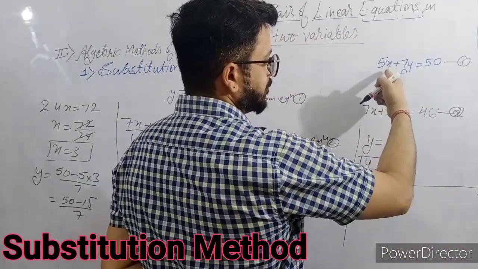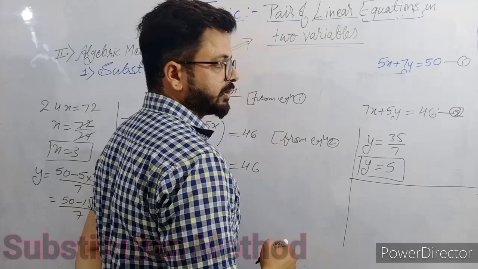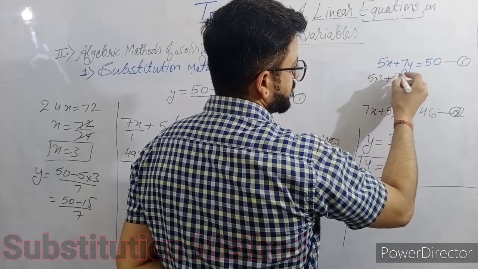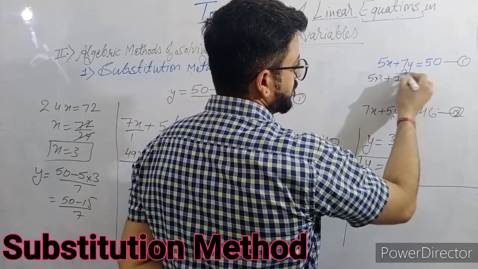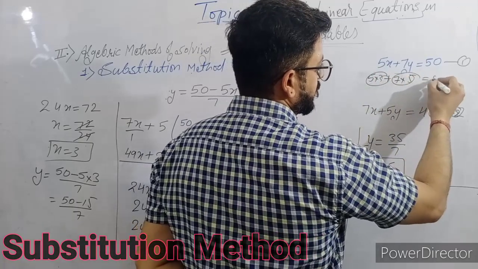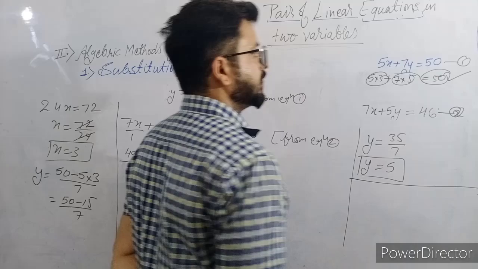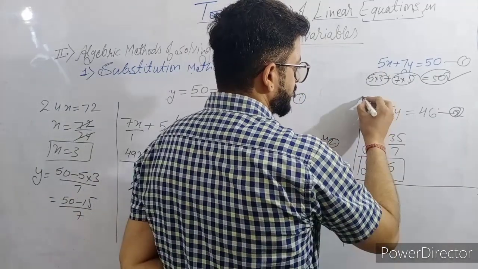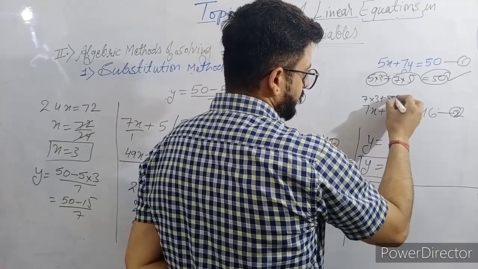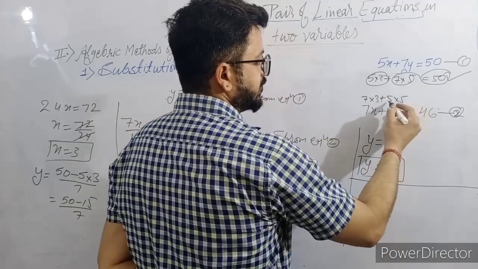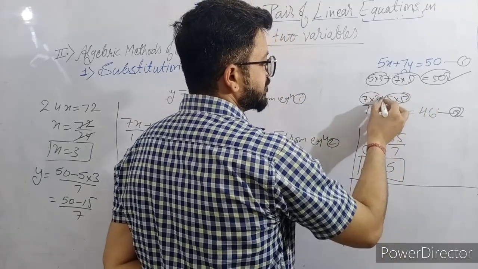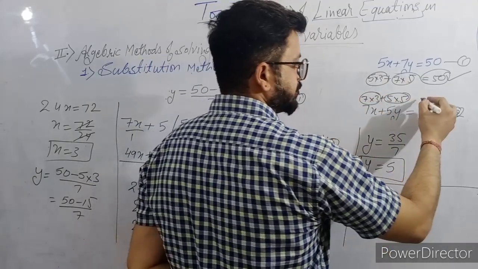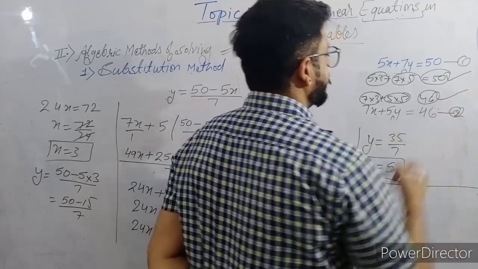Suppose the x value is 3 and the y value is 5. 5 into 3 plus 7 into 5, 15 plus 35, 50 is coming, so it is correct for this equation. Now for the other I am checking: 7 into 3 plus 5 into 5, 21 plus 25, 46 is coming, so it is correct.